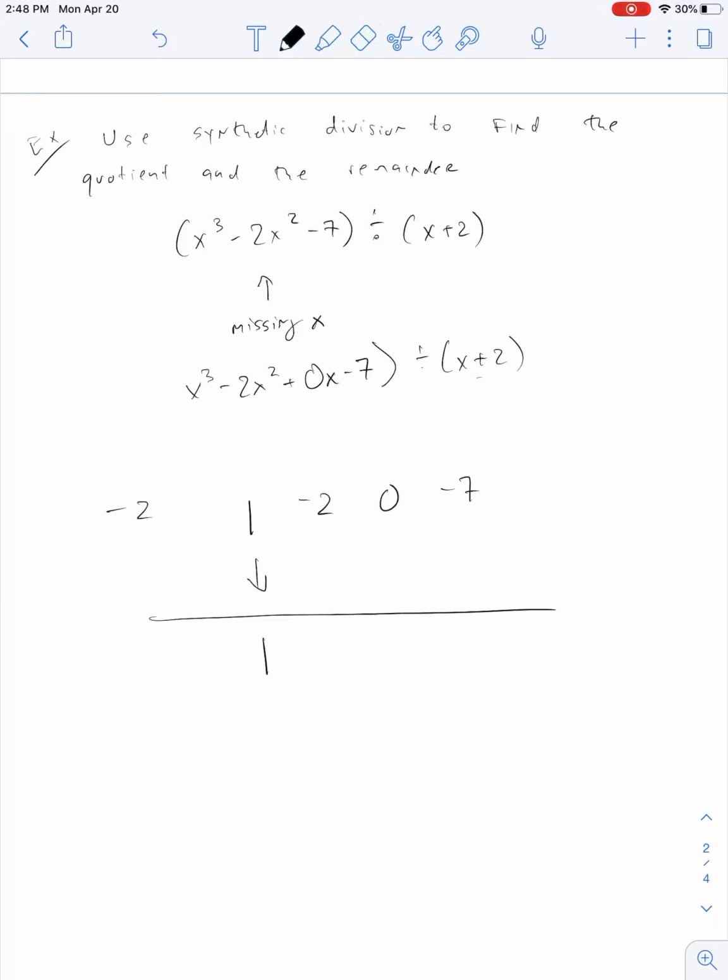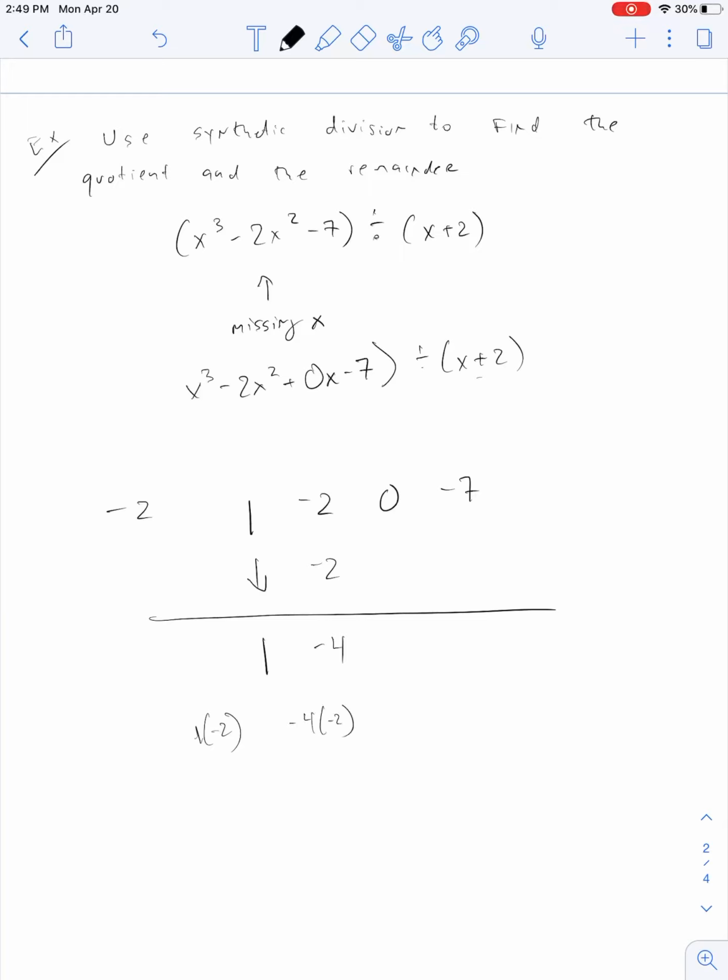So this 1 comes down. Multiply. All right, 1 times -2 gives us -2. We add -4. Now we're going to multiply.